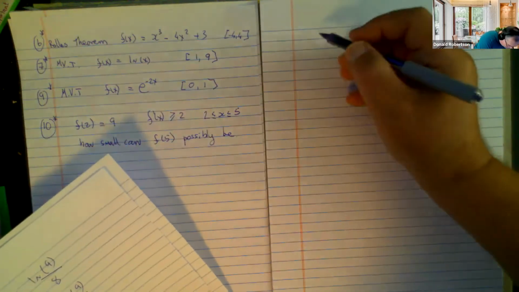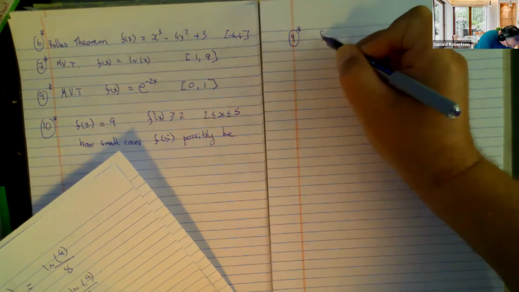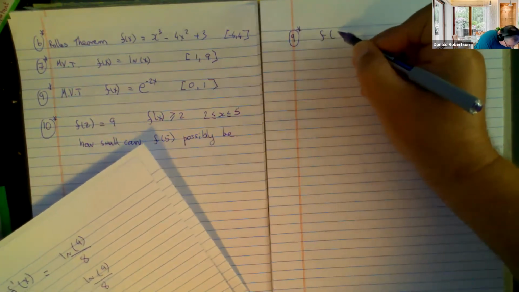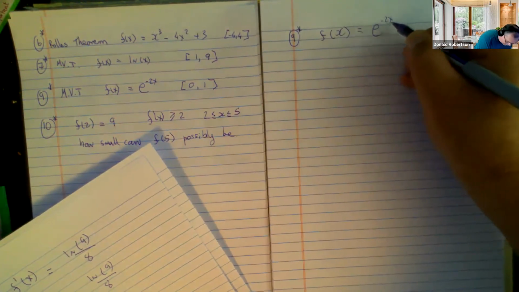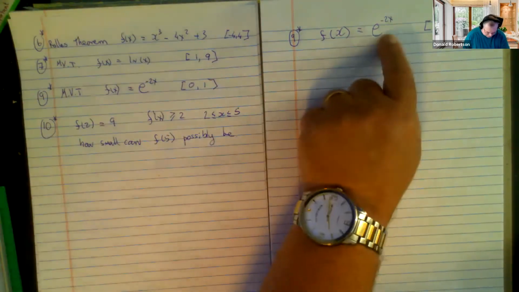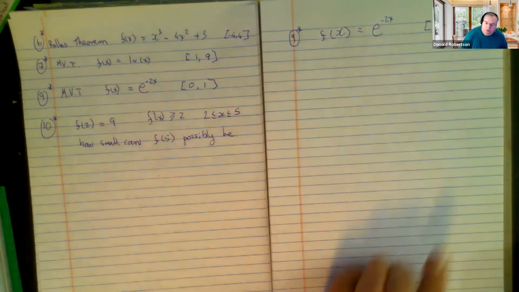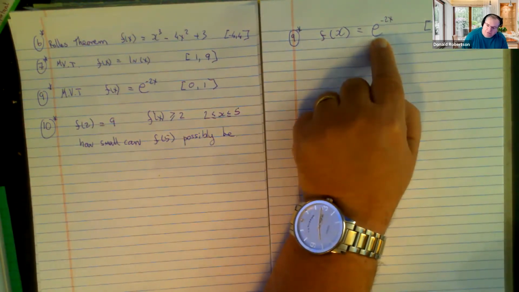Next one is we have a function e to the negative 2x, and we're being asked to use the mean value theorem in the interval 0 to 1. I know that e to the negative 2x is continuous.